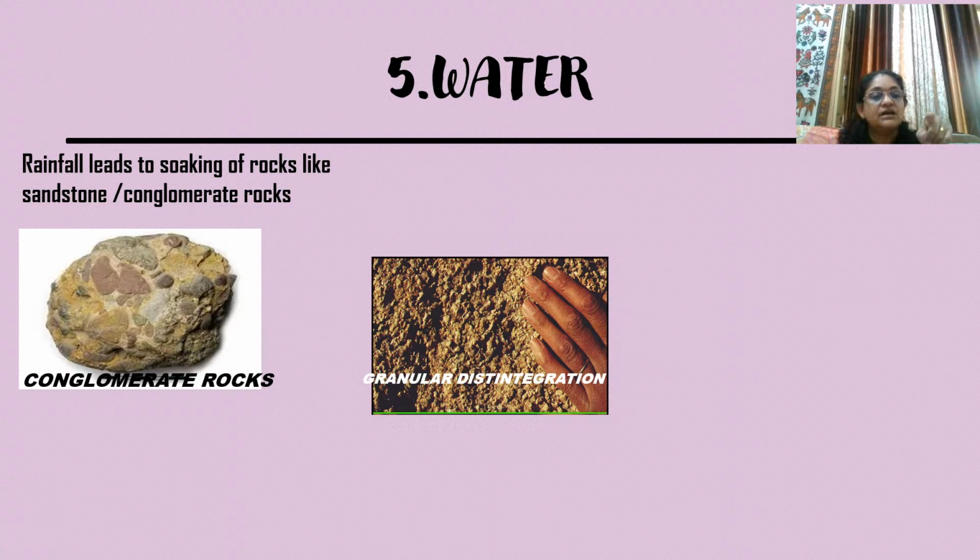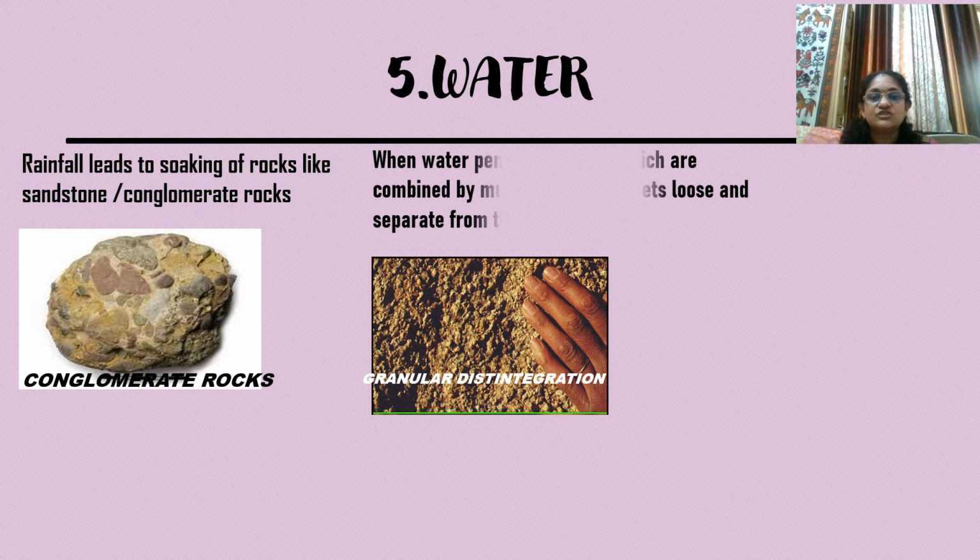In the same manner, here when the water, because of the rainfall, falls on these rocks, they soak this water. When the whole water is soaked by the rock, the sand that is present inside those rocks loosens up, the particles loosen up, and then it separates from the main rock. So as a result of that, granular disintegration takes place.